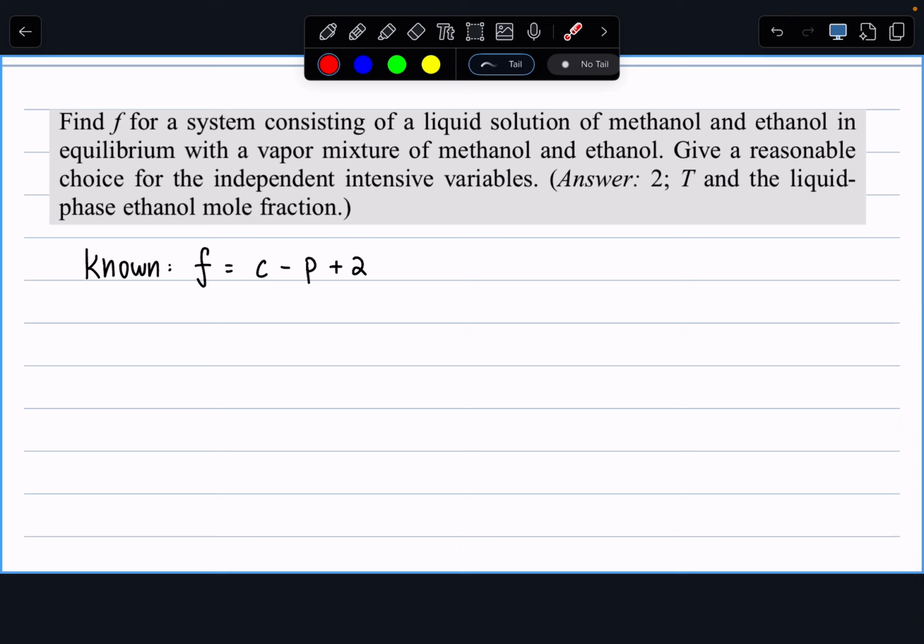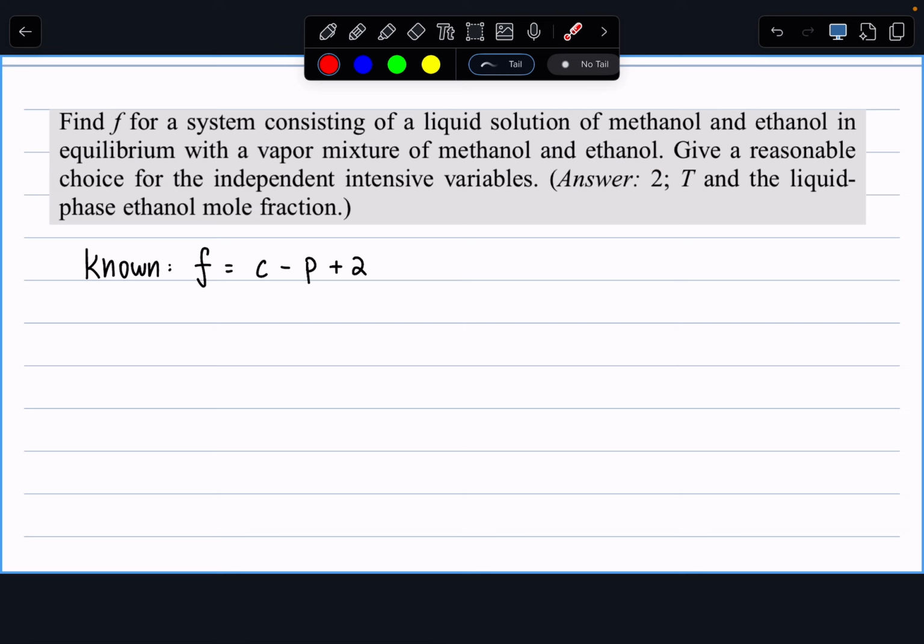Okay, so let's see how we use this. The question asks: find the variance, or F, of a system consisting of a liquid solution of methanol and ethanol in equilibrium with a vapor of methanol and ethanol, and give a reasonable choice for the independent intensive variables.